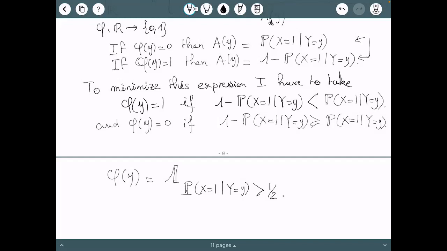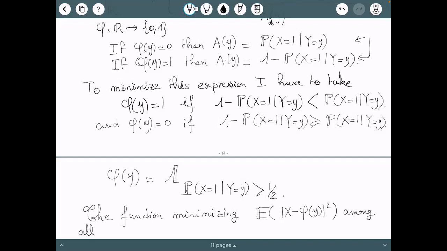So the function minimizing the expectation of x minus phi of y squared, among all the phi's with values in the set {0, 1}, is phi of y equal to the indicator function that the probability that x equal to 1, given that y is equal to y, is bigger than 1 half.